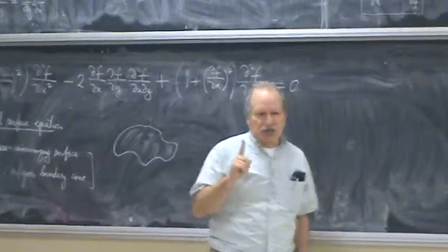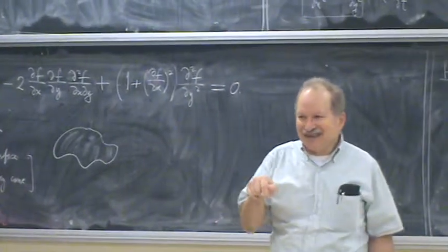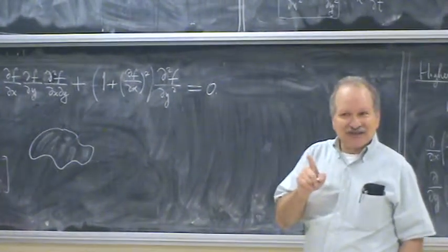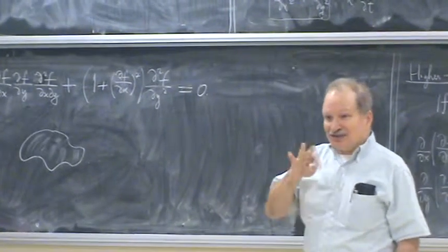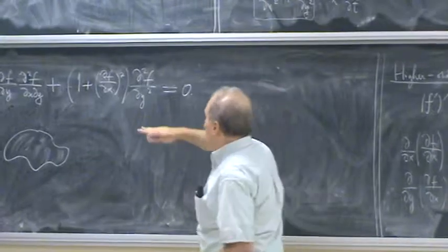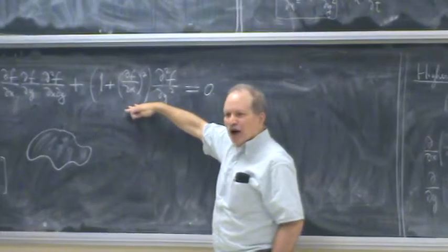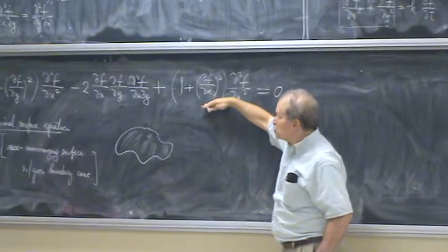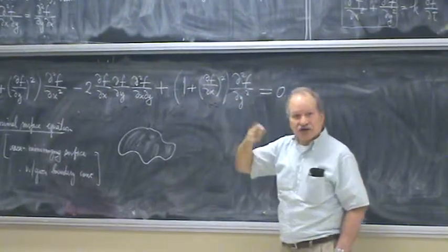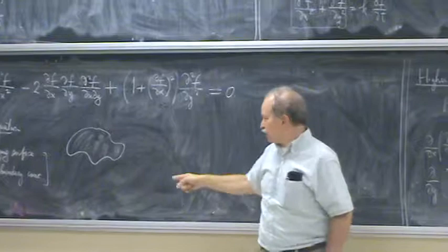There is a challenge problem next semester that no one has yet done taking the class, but I hope somebody in this class will be interested to do it. It actually shows that if you have a solution of this, it has the least area compared to nearby surfaces with the same boundary.